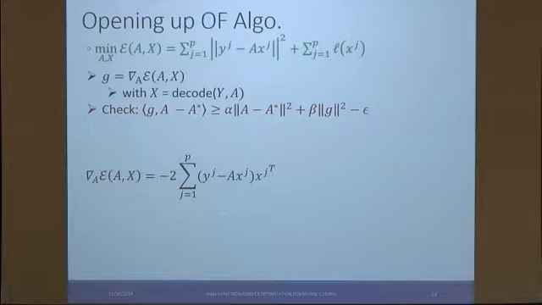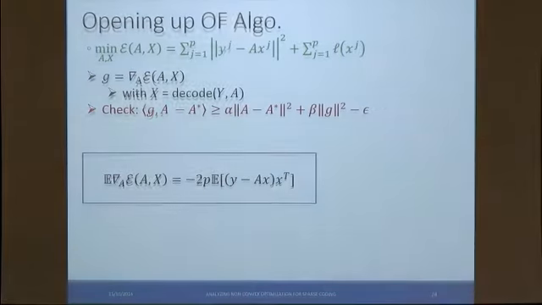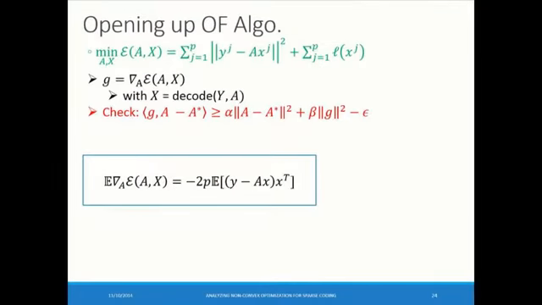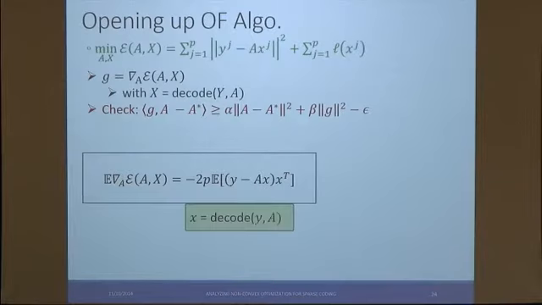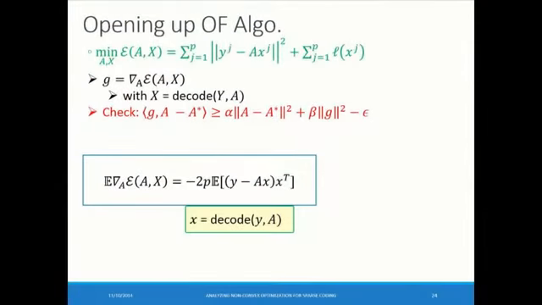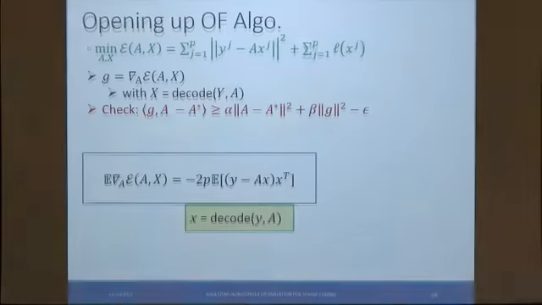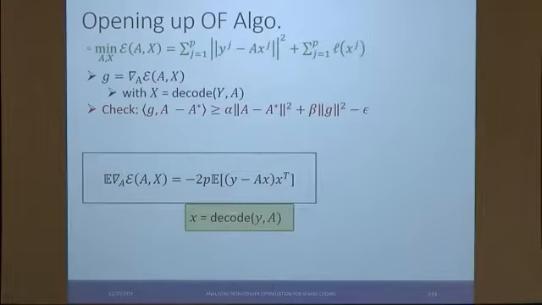Let's consider the population version, where we have an infinite number of samples, so let's consider the expectation of it. The sample complexity, I'm not going to talk about it; that's very tough. X is defined to be the decoding of Y given A, and this is quite a nasty thing, because X is a function of Y and A, and it could be something like an l1 minimization.